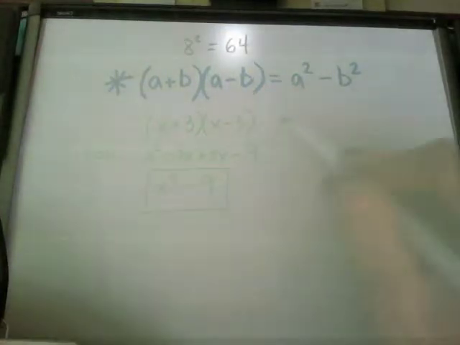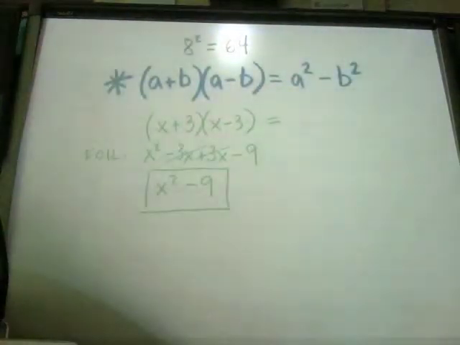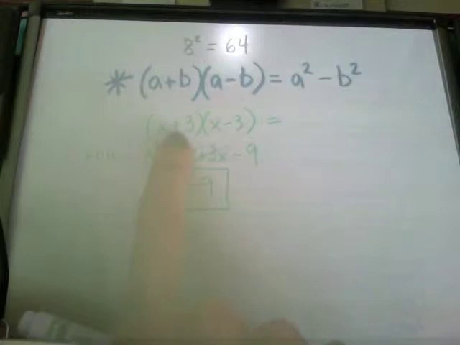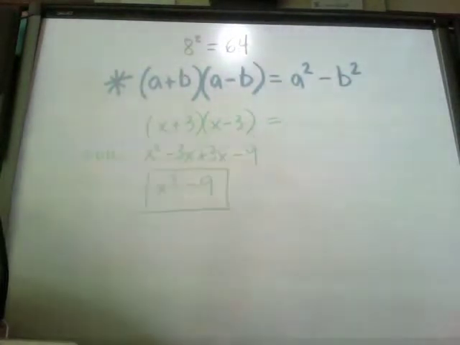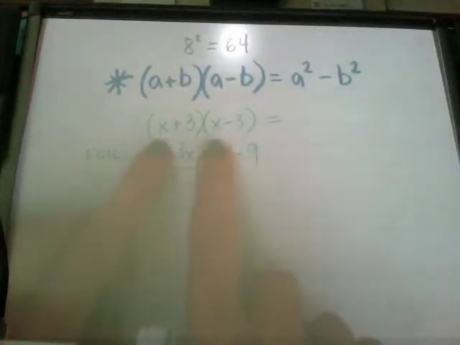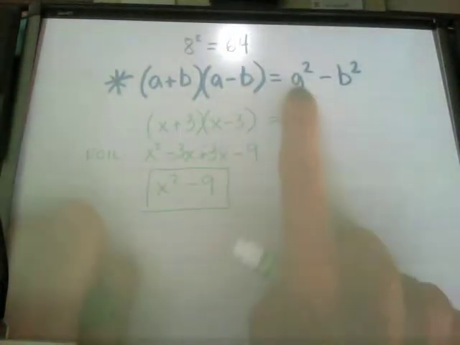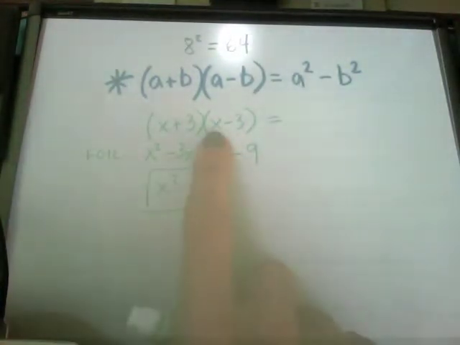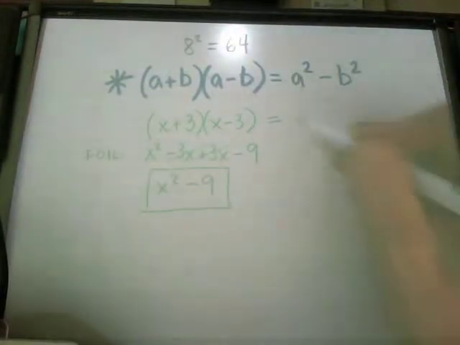However, if we look at it and try to do it by just following the pattern, if you recognize when you look at these two binomials, hey, this is that special pattern, the same thing except opposite signs, one plus and one minus, the answer is going to look like this. A is this first thing, and my answer says a squared. Okay, so if A is x, x squared.